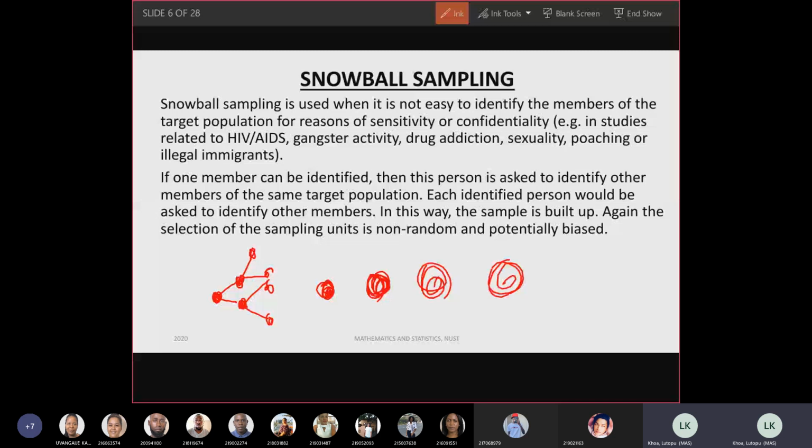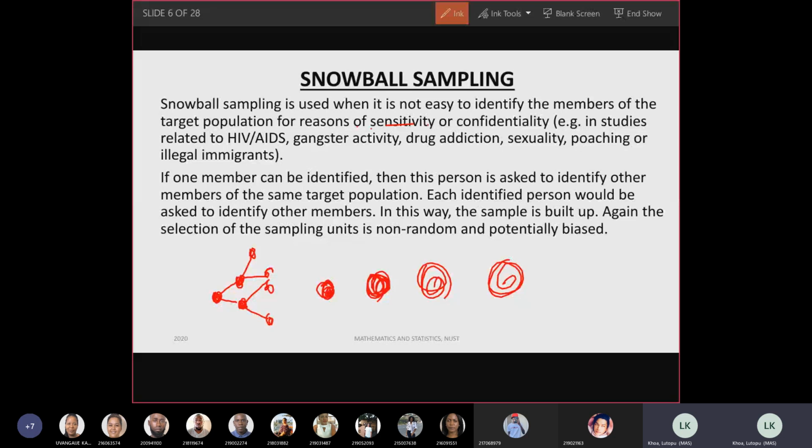So there's no probability that is involved in this one. Now the reason you do snowballing, like I said, is for sensitivity. It's not easy to identify people that are in this population group. So that's basically it on the non-probability sampling methods.